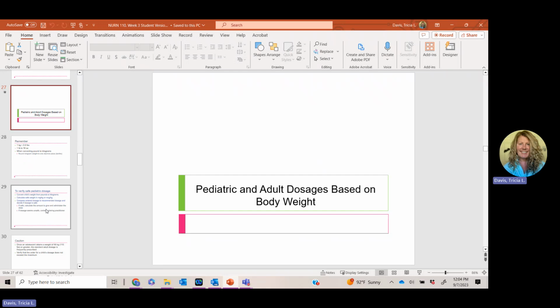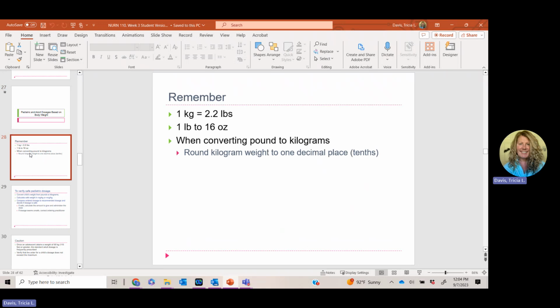All right, so next we're going to move on and talk about pediatric and adult dosages based on body weight. So for just a little refresher, I know we're all really familiar with doing things in pounds and ounces, but in the nursing world, we do all of our body weights in kilograms. So 1 kilogram is the equivalent of 2.2 pounds.